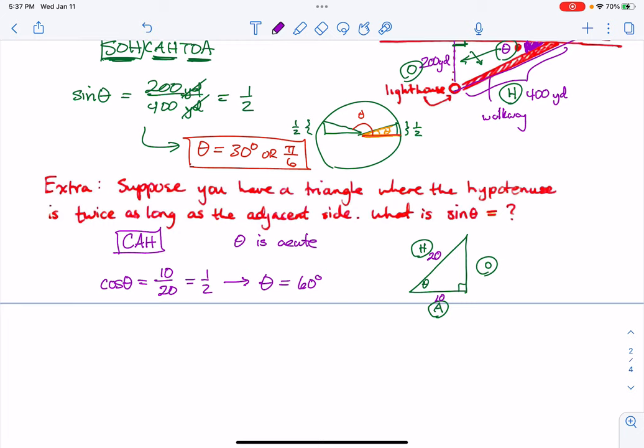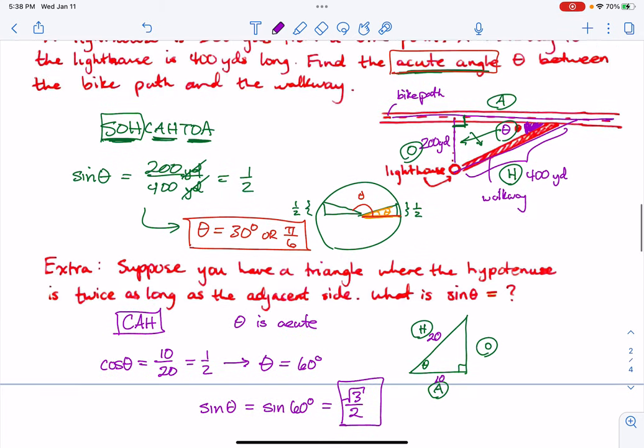So the angle is 60 degrees. Cosine of 60 degrees gives you 1/2. If theta is 60 degrees, then sine of theta is sine of 60 degrees, which, if you know your unit circle, is radical 3 over 2. Bingo. That's the answer.